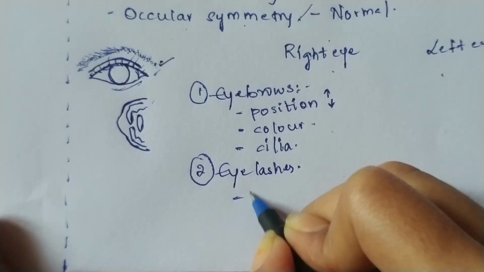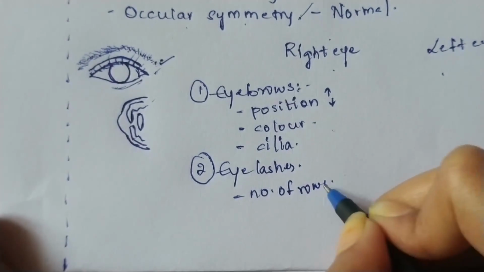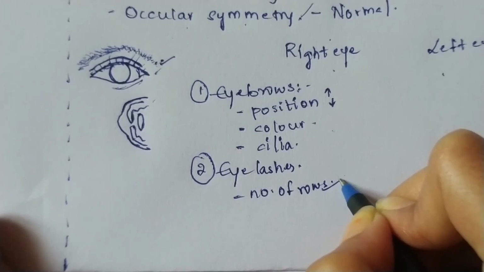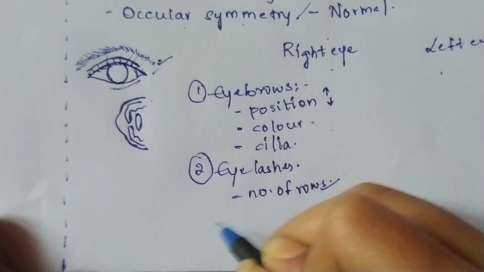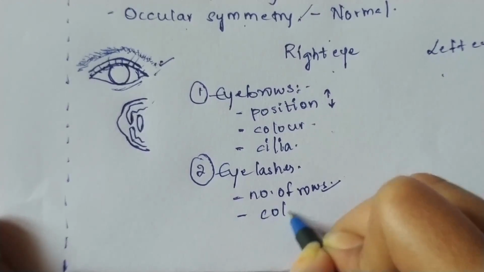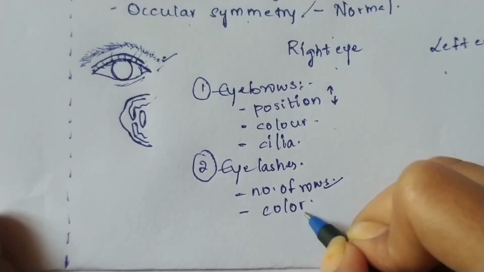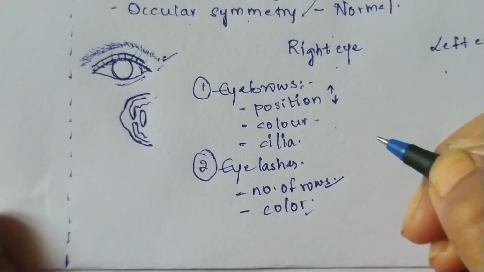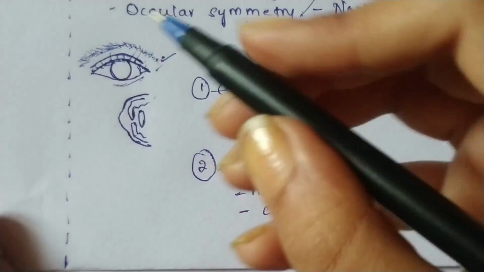What you have to observe in this? Number of rows of eyelashes. If there is an increase in number of rows, what do you call this? Distichiasis. And color. What if they are of a white color or they have got discolored? It's called poliosis.